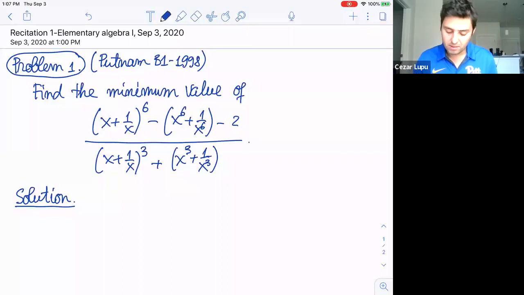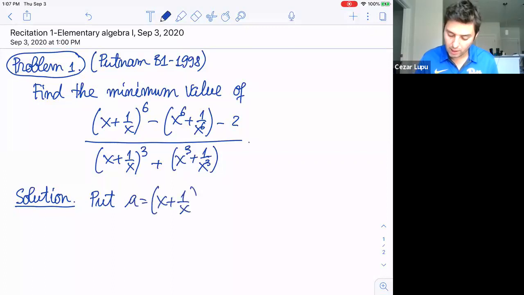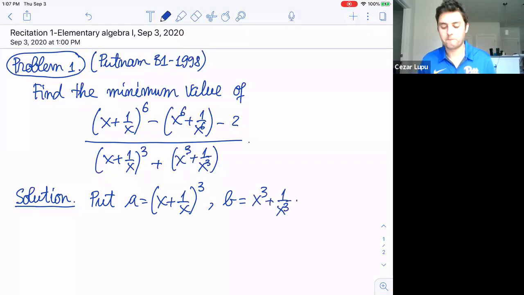Maybe you should put a to be x plus 1 over x, everything cubed, and you will see why, because I will square this, and b to be x cubed plus 1 over x cubed. And then let's see, what do we have?